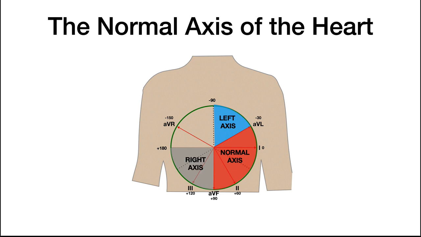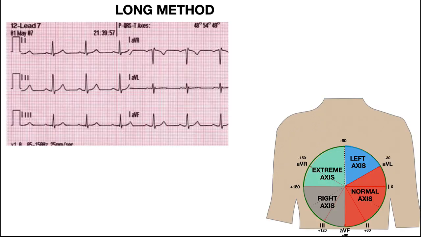And what's in between +180 and -90 is your extreme axis. So if you have an idea of this chart, you will be able to accurately assess the mean QRS axis of the heart. So this is how we use the long method.